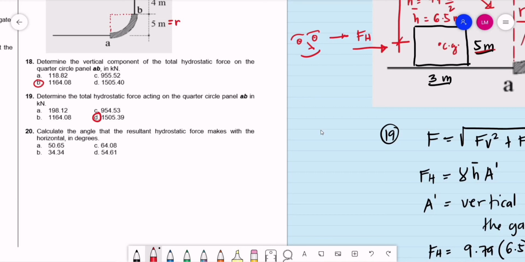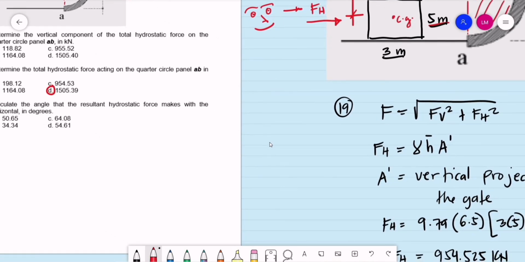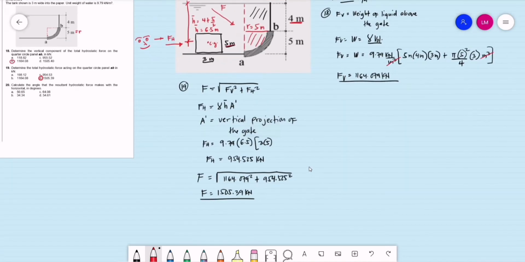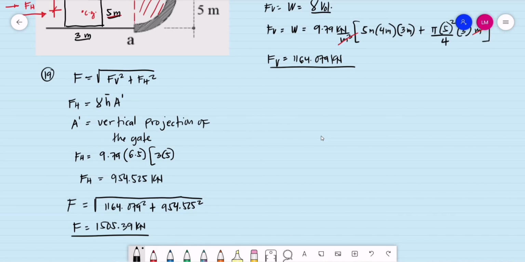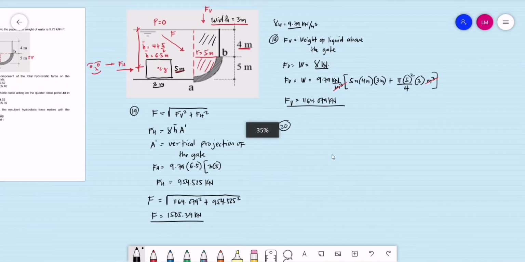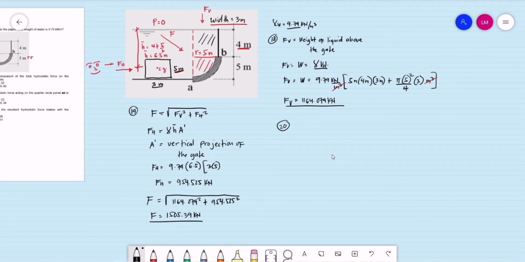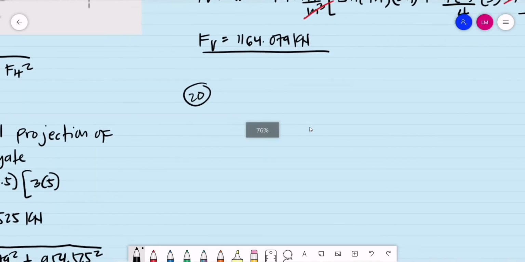Then, question number 20, calculate the angle that the resultant hydrostatic force makes with the horizontal. Okay. So, for question number 20, based sa mga direction na given, or based direction na direction ng mga components natin. So ito yung parang direction ng hydrostatic force acting doon sa gate, downward to the right siya.